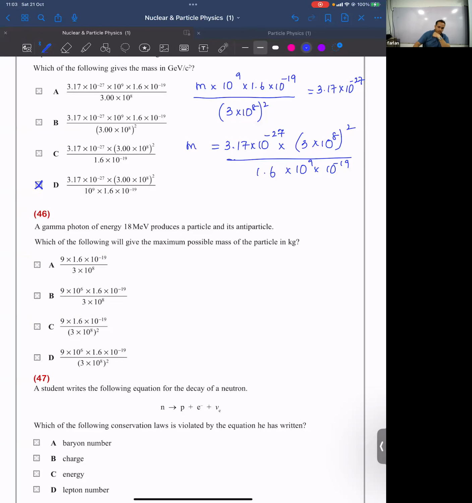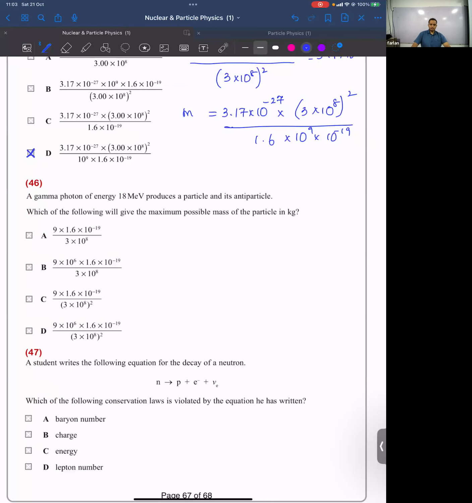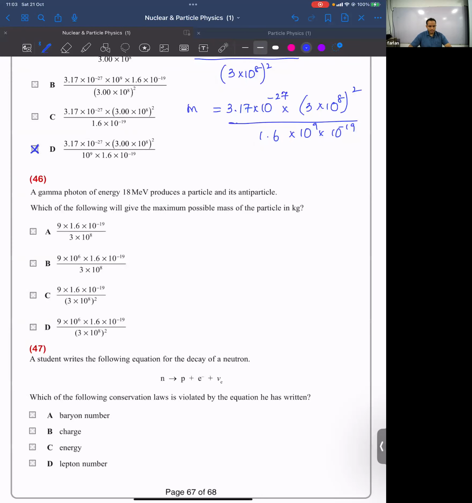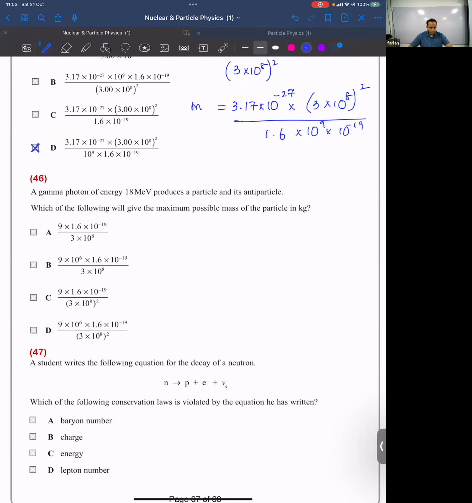D. A gamma ray photon of energy 18 mega electron volts produces a particle and its antiparticle. Which of the following will give the maximum possible mass of the particle in kilograms? So guys, if I take the mass of the particle to be m, m into 3 into 10 to the power 8 square will give you the energy equal to that particle.